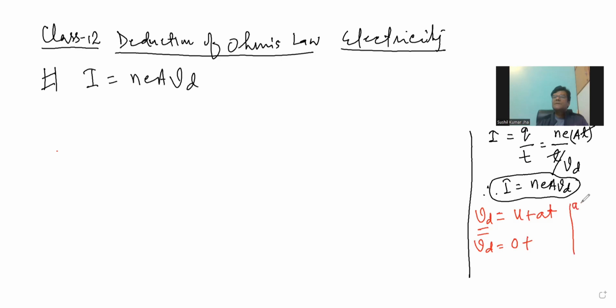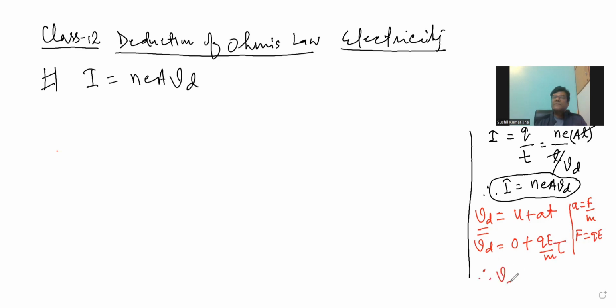Acceleration generally we write as force by m, in mechanics we write, and F we convert into electric force. So F can be QE, and thus A becomes QE divided by m, and T we write as tau.